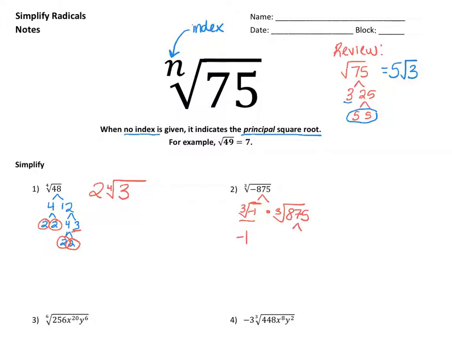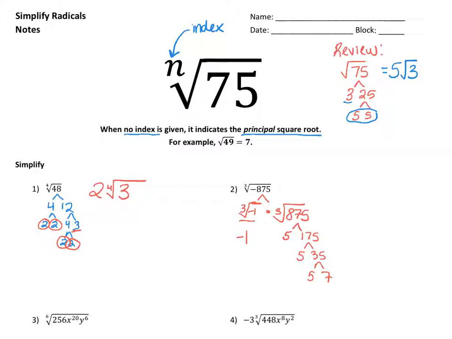Now I'm going to break down 875. I know that it's divisible by 5, and then it's 5 times 175. 175 is also divisible by 5. 35 is also divisible by 5. So now, this is a cube root, or the index is a 3.